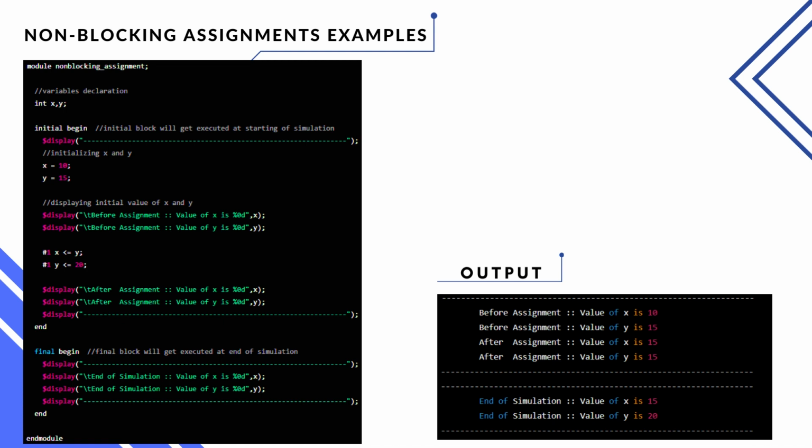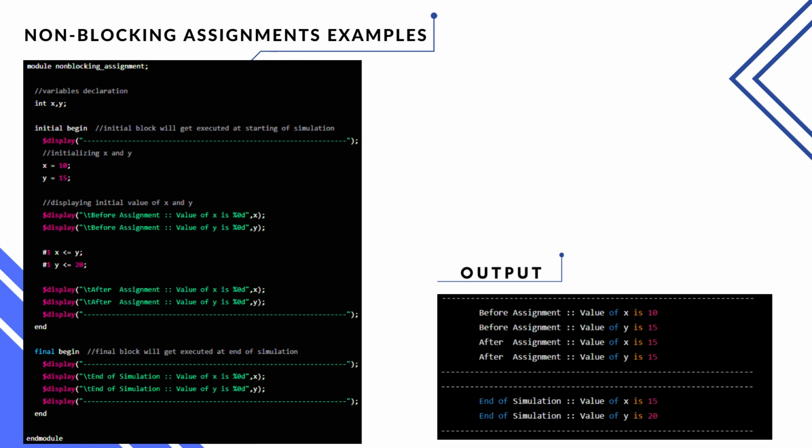Now, let's take a look at the output of the simulation. We can see that the initial values of x and y are 10 and 15 respectively. After the two non-blocking assignments, the value of x becomes 15, which is the value of y at the time of the assignment.